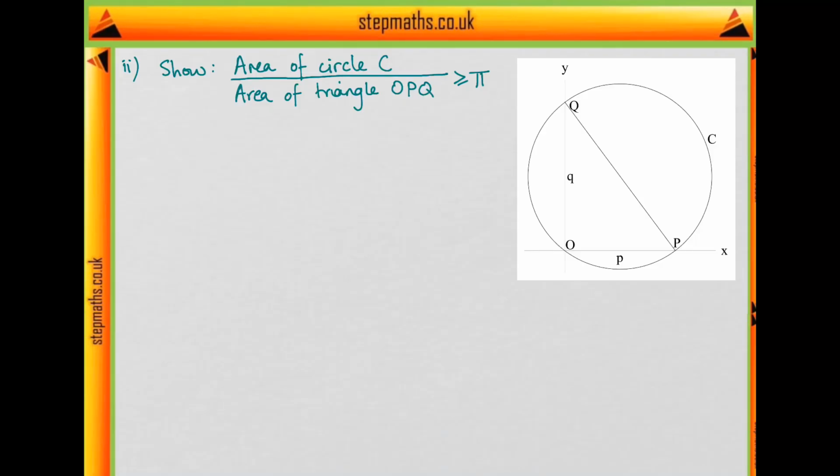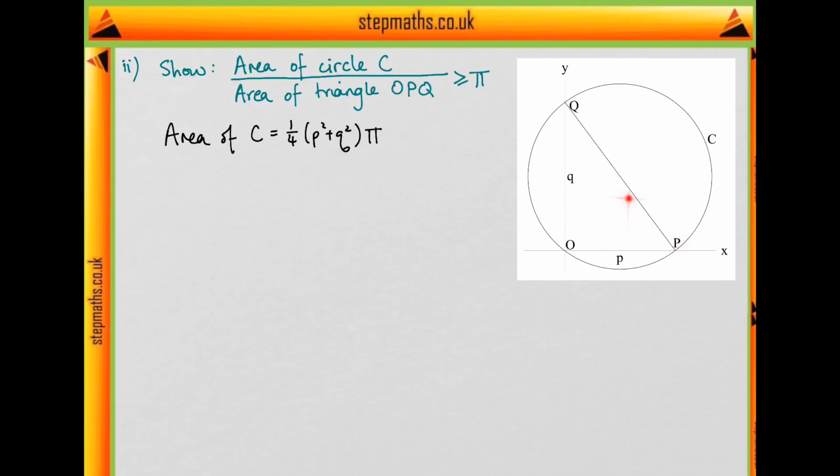Okay, for part 2, they want us to show that the area of circle C divided by the area of the triangle OPQ is greater than or equal to pi. In the last part, we worked out that the area of the circle was a quarter (p² + q²) times pi.